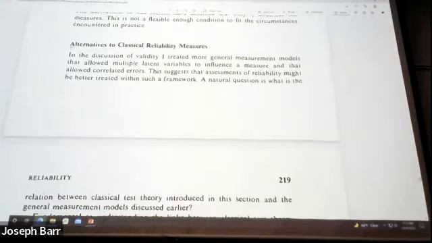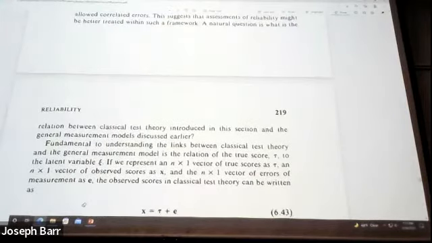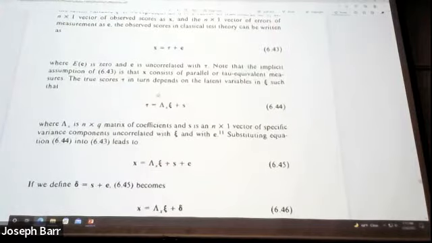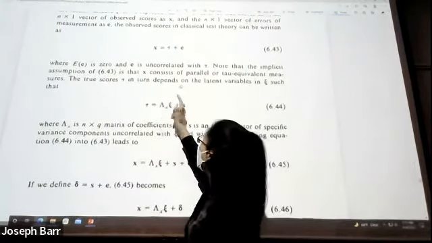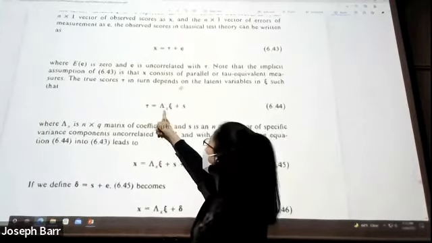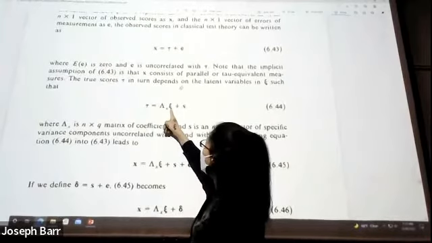The next part we talk about is the alternatives to classical reliability measures. Previously we just used classical test theory, so we have these equations. But for SEM, after we learn the factor models, we can have a more complicated form than classical test theory. We have the factor loading matrix, lambda, and the true score factors.